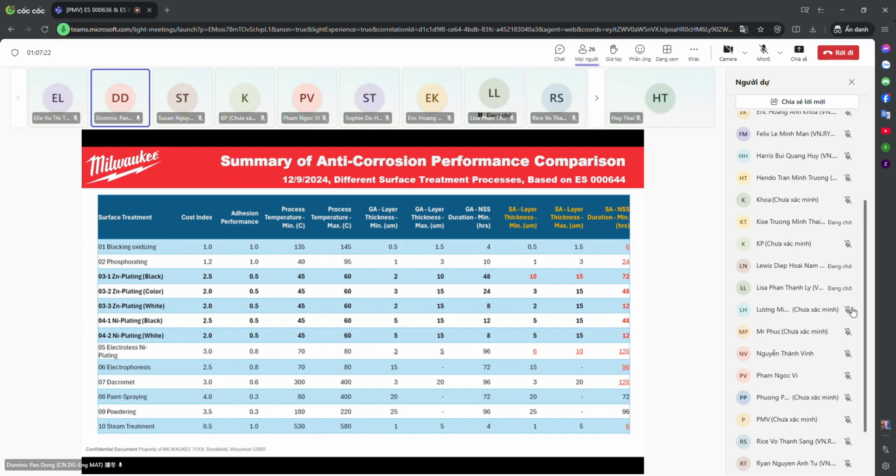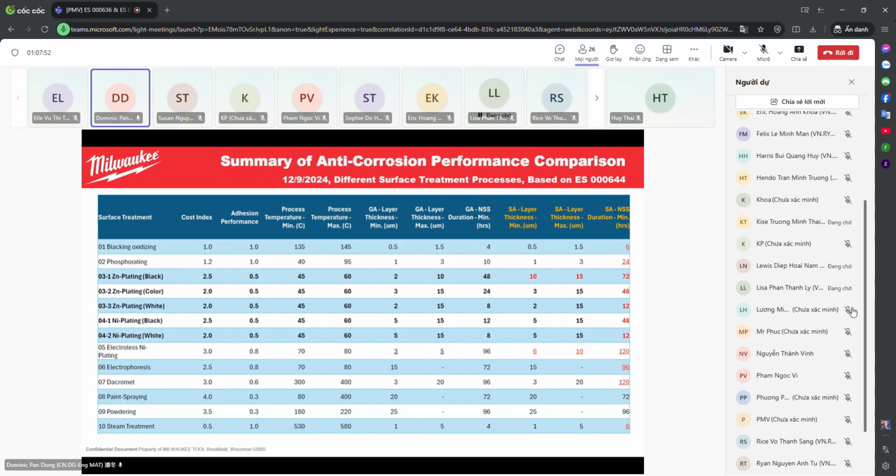Next come colored zinc plating and nickel plating. And by far, the lowest anti-corrosion performance under neutral salt spray testing is black oxidizing.